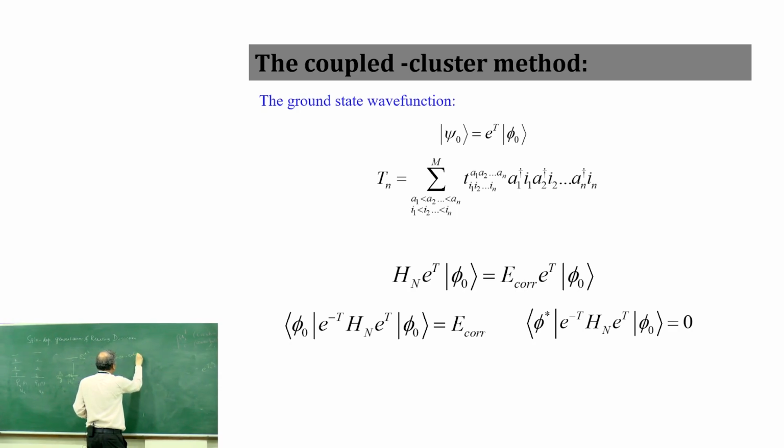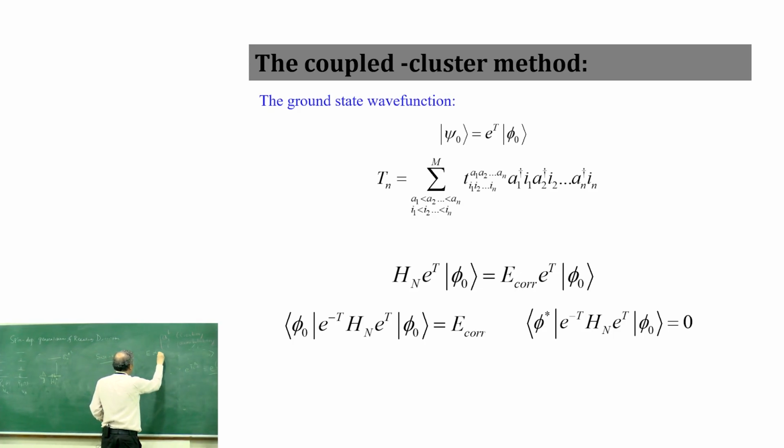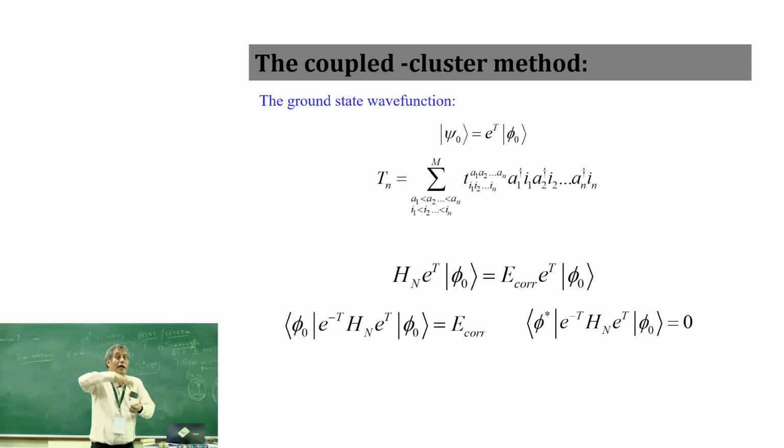Size extensive theories are theories which scale properly with the size, where the energy is proportional to n. This is an interacting system, not non-interacting. So even when the interactions are taking place, the energy scales proportional to n, which means that's the dominant part.